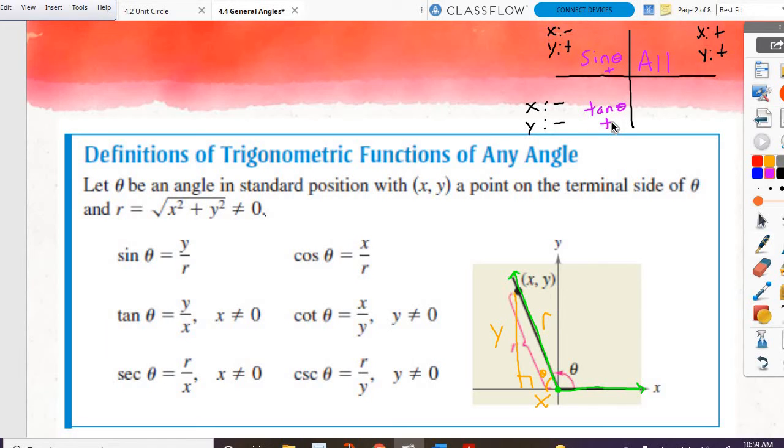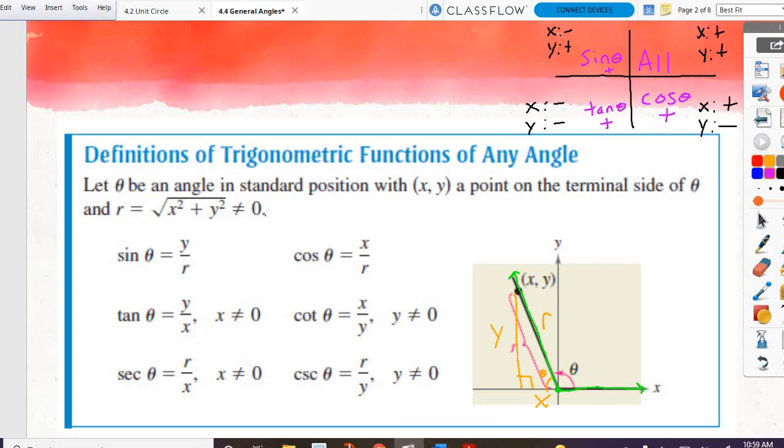And then what about in my fourth quadrant? Is x positive? Yes. Is y positive? No. So which one of my trig functions is going to be positive? Cosine.